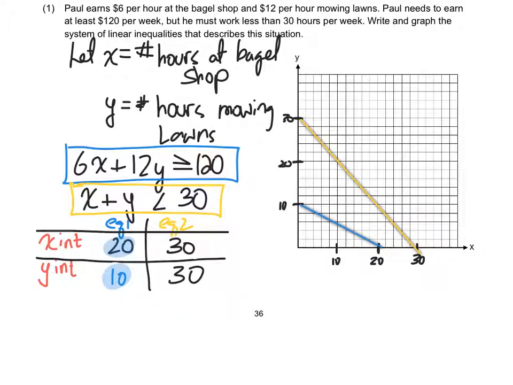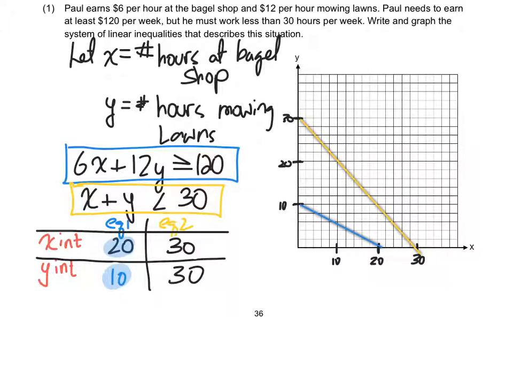Something that could streamline the process significantly would be to create what we call a test point. This allows you to avoid having to get each one in the form of y equals mx plus b just to see where the shading would be. Because sometimes, if there's a negative that you have to divide by, that could be all it takes to reverse the direction of a sign.